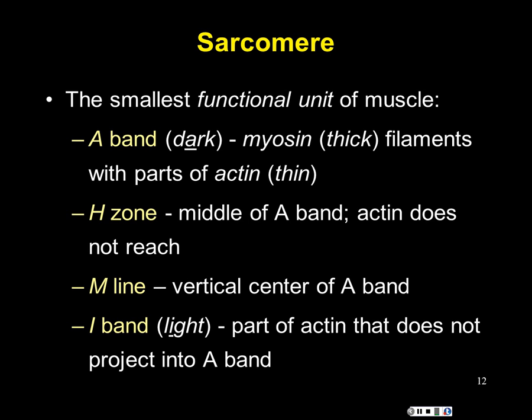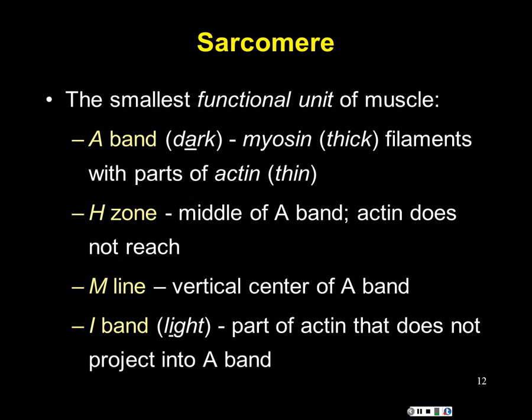We also identified the I band, or the light band, and we said which contractile protein is in the I band? The thin filaments only. And which line or zone is in the I band? The Z disc, the Z band, the Z line.